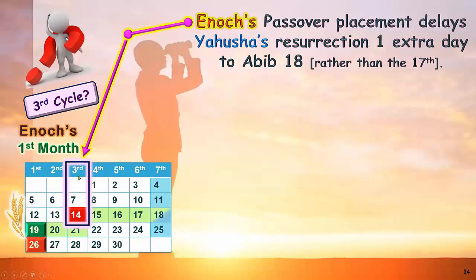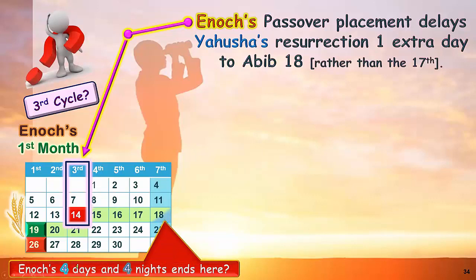And yet, it doesn't fulfill Daniel's prophecy, the midst of the week. There can only be one midst of the week, and that is the fourth cycle of the week. Yet Enoch demands that all Passovers, without exception, are on the third cycle of the week. So what does this do for the 3 days and 3 nights that Yahusha was to be in the tomb?